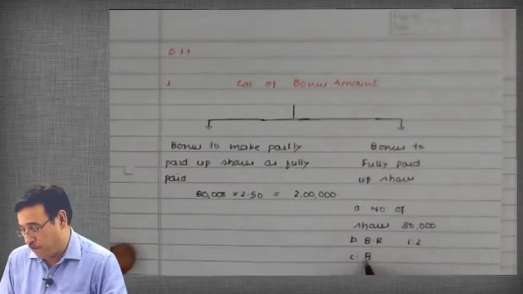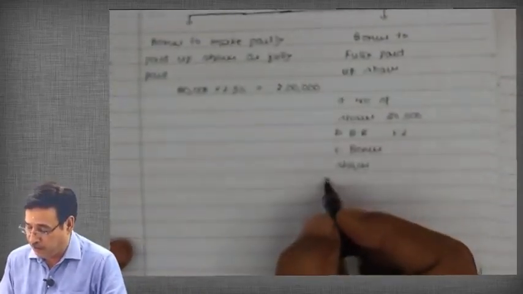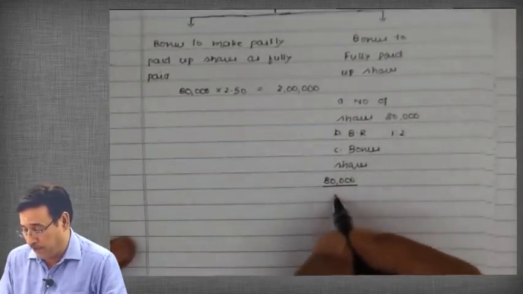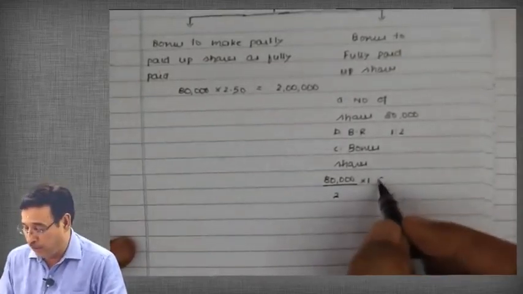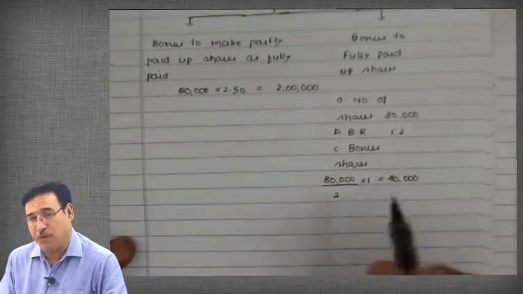Then we are going to compute bonus shares. So bonus shares will be equal to the total number of shares, 80,000. For every 2 shares, the company is offering 1 share, so divided by 2 into 1, that will give you the bonus shares which the company is going to issue.